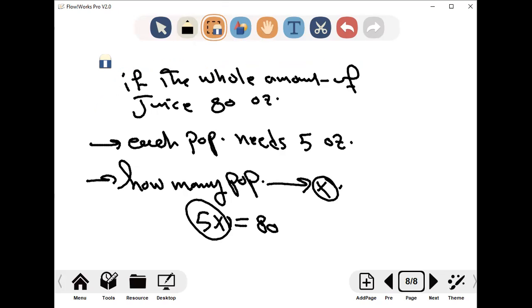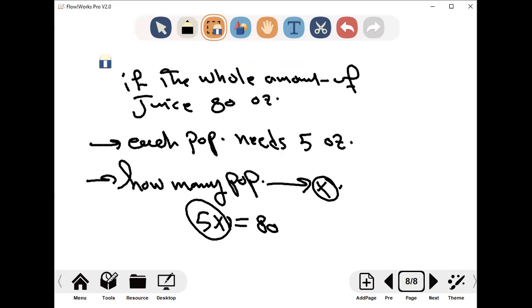No, it won't be. It won't be. Two variables, it won't be. You cannot solve one equation or one inequality with two variables. One equation with two variables.